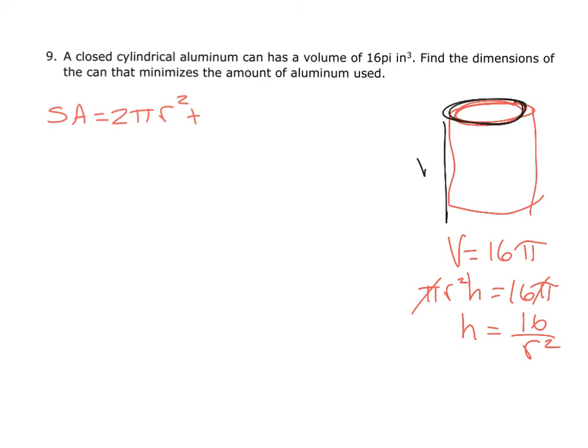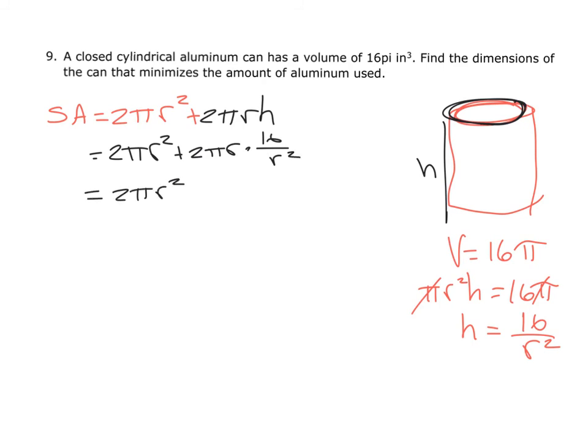Circumference times height. Circumference is 2 pi r, and then h for the height. Substitute in for h, so 2 pi r squared plus 2 pi r, 16 over r squared. I'm going to simplify that, 2 pi r squared plus 32 pi all over r.